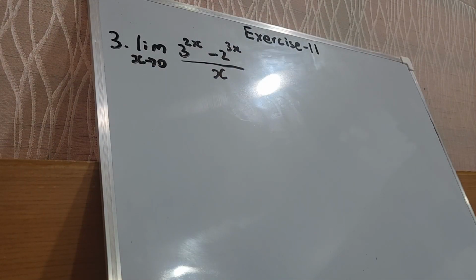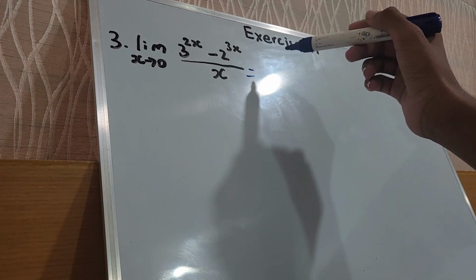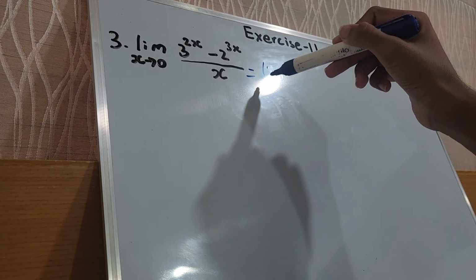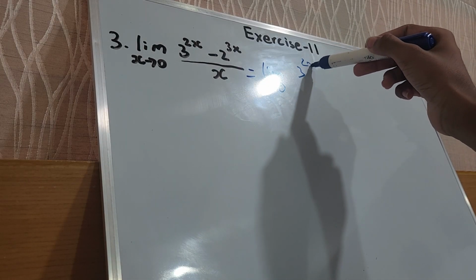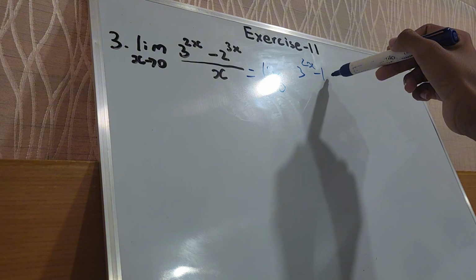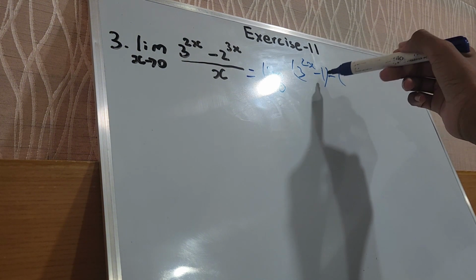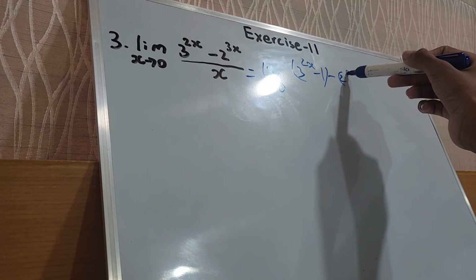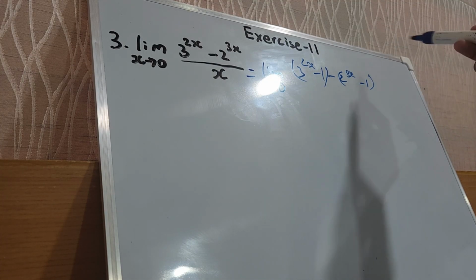So now the third question. Actually we can't apply the formula here directly, but let's see how to make it so we can apply the formula. Limit x tends to 0, 3 to the power 2x, we have to add and subtract 1: minus 2 to the power 3x minus 1, the minus and plus cancel.